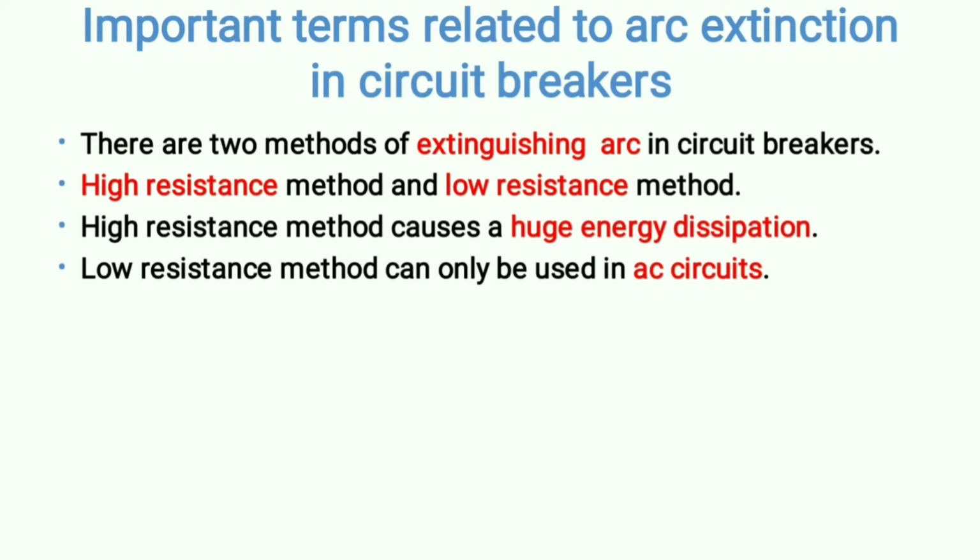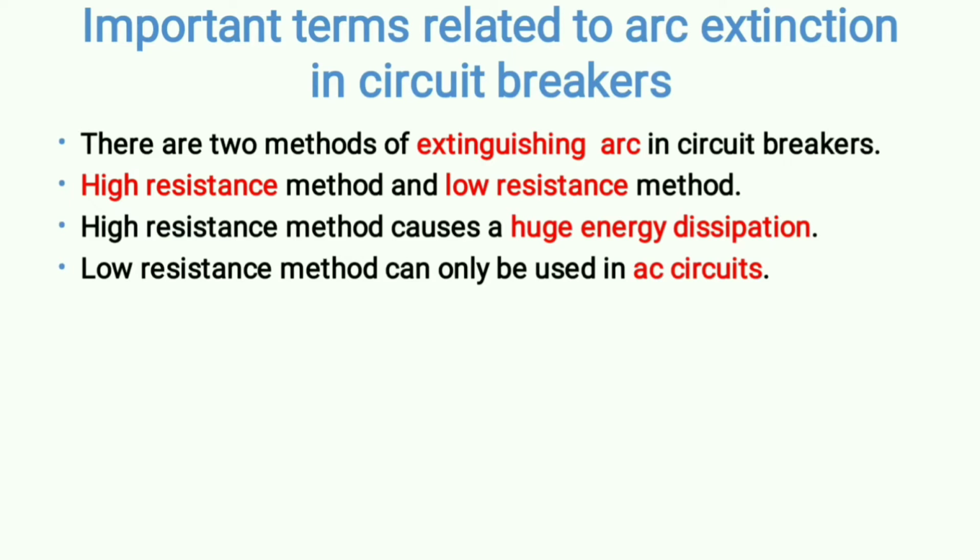Now you may ask what the methods of increasing the arc resistance are. There are so many methods, like cooling, using huge pressure, air blast, or lengthening the gap. The basic difference between the high resistance method and the low resistance method is that in the high resistance method the arc resistance is increased continuously with time, and as a result a huge energy gets dissipated.